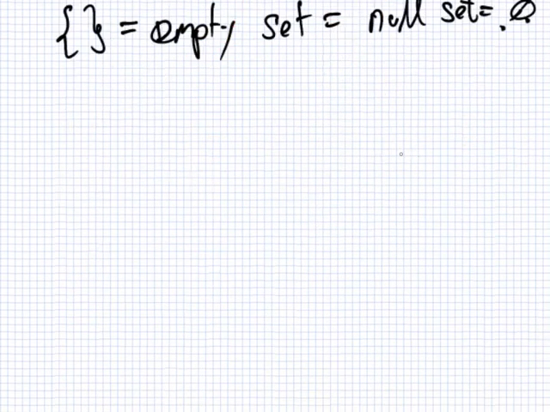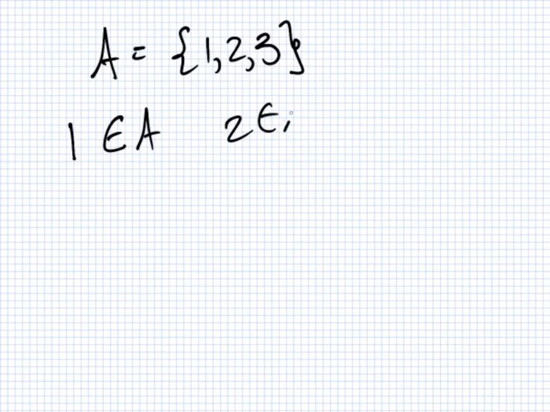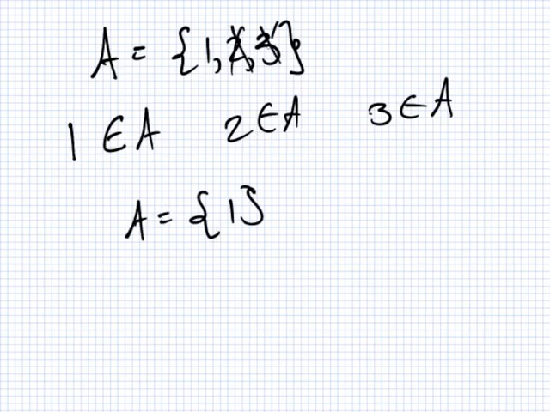Explain? Okay, so let's say I have A equals 1, 2, 3. We can say 1 belongs to A and 2 belongs to A and 3 belongs to A, and that's fine, yeah? Let's say that A only equals just 1, so I get rid of these.